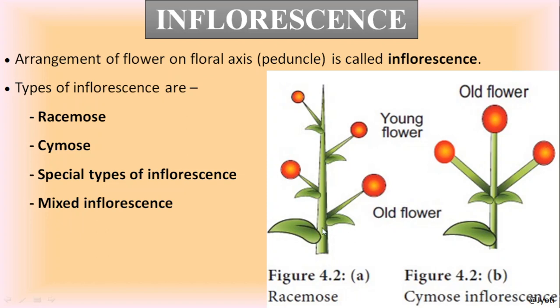This is the axis that bears a number of flowers, and this is called inflorescence. It is very important to remember that the axis or branch that bears the flowers is called the peduncle. So this is the peduncle.